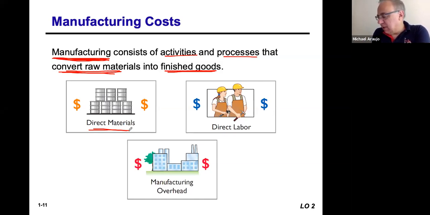So raw materials could be anything from, like I said, flour in the baking of bread, steel in the making of automobiles, sugar and syrup in the making of soft drinks, cotton in the making of clothing, crude oil in the making of gasoline or other lubricants.